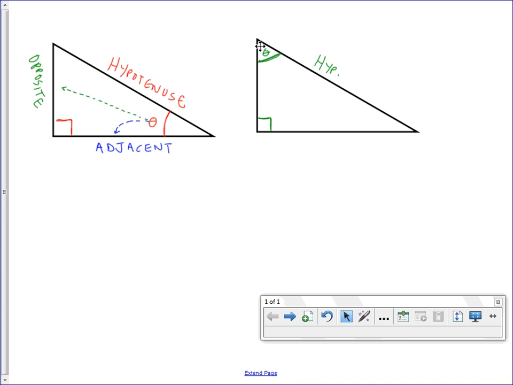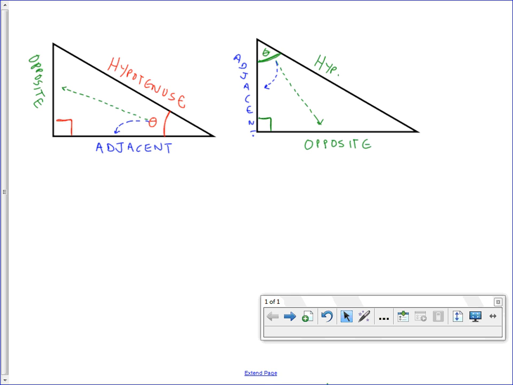Now, the side over here is no longer this same adjacent. Because the angle's in a different place, this side is now the opposite side from that angle, all the way across the triangle. This side here, next to the angle, but not the hypotenuse, is now our adjacent.